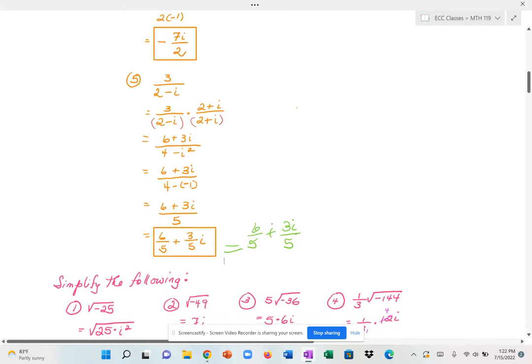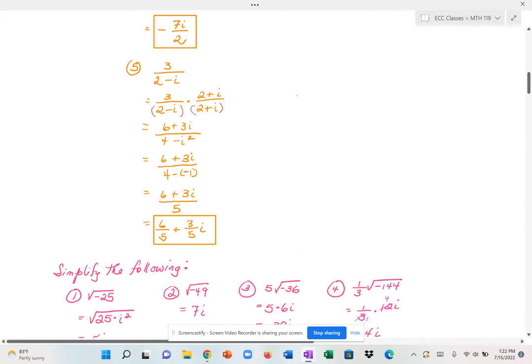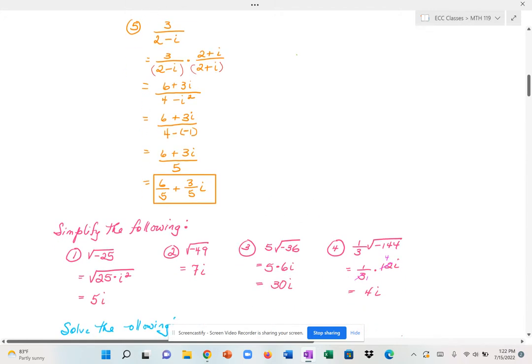Okay, so in the next few examples, we're going to be simplifying some radicals where your result is an imaginary number. So in example number 1, you're asked to simplify the square root of -25. So before you learned imaginary numbers, you would say, oh, this does not have a real number result.